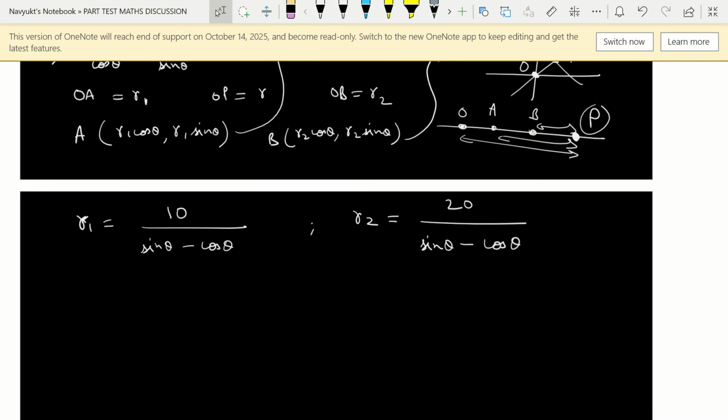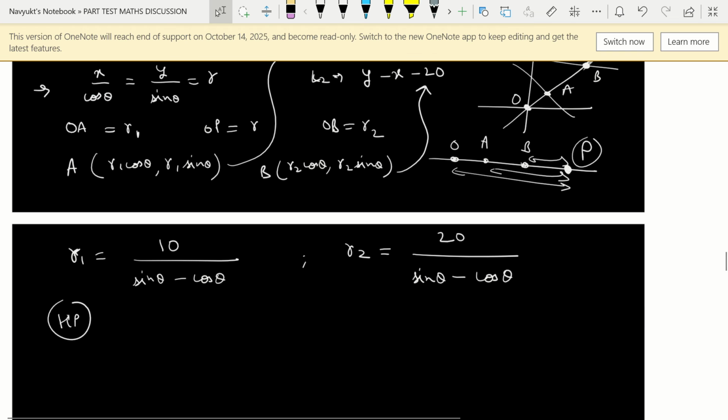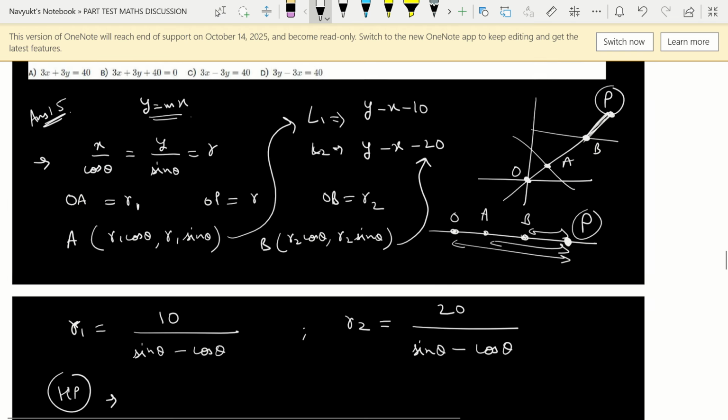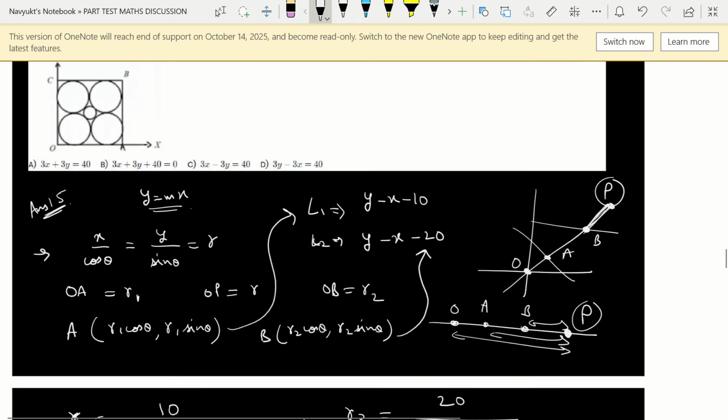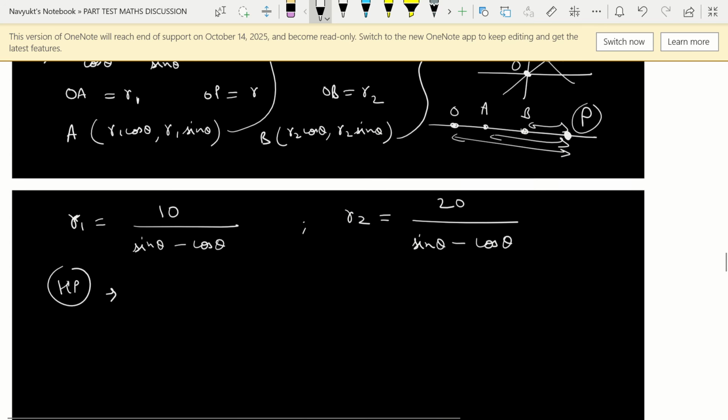Now we can check that the HP relation will give us directly the relation between sine and cos. Let's see. What is being given in the HP relation? That OA, OP, OB are in HP. So we know that if these are in HP, twice upon R, the middle one's twice reciprocal, should be equal to 1 upon R1 plus 1 upon R2.